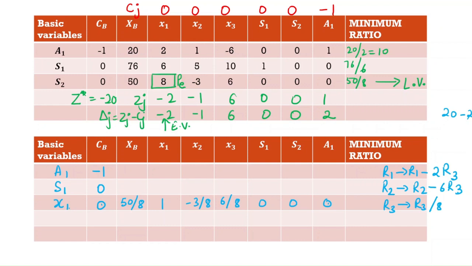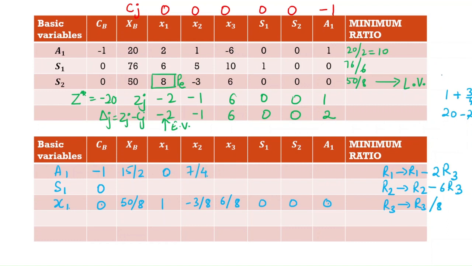So we'll be getting this as 40 minus 25 by 2. So we are getting it as 15 over 2. So this becomes 0. So this is 1 minus, we are having this as plus 3 by 4. So this is 7 by 4.